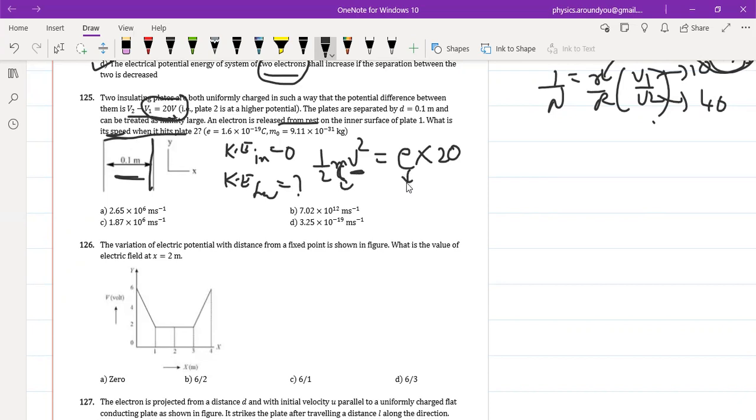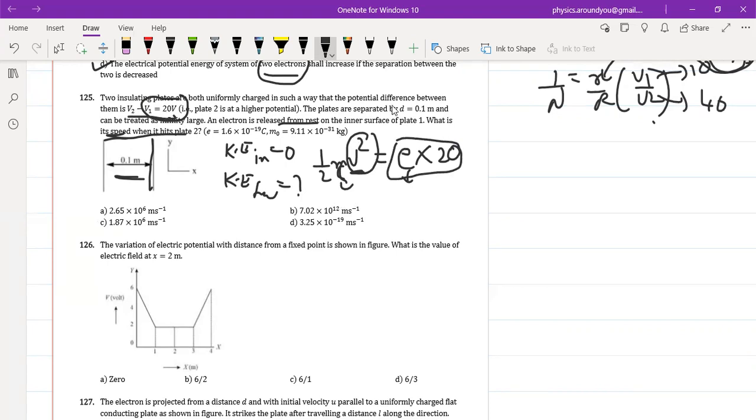Charge on electron is 1.6 times 10 to the power minus 19. So I get the value of V squared, I will take the square root and I will have one of the right choices. So it becomes simple if you approach it using the work-energy way. The gain in kinetic energy is equal to the loss in potential energy, Q times delta V.